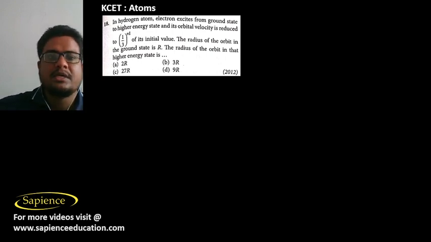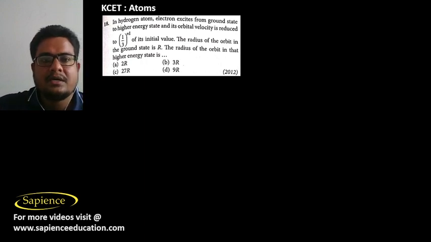In question number 18, it is told in a hydrogen atom, the electron excites from the ground state, n is equal to 1, to a higher energy state n, and its orbital velocity becomes 1/3 of its initial.